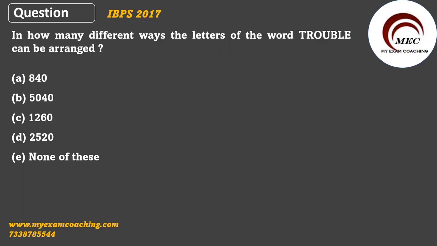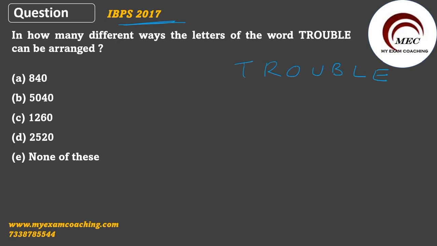This question is from IBPS 2017. In how many different ways can the letters of the word trouble be arranged? Now you have a very good idea. Let me write this: TROUBLE.